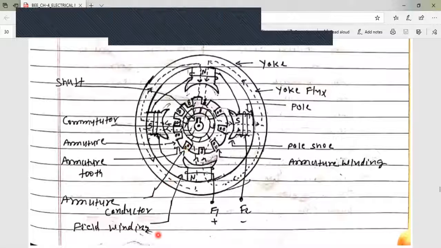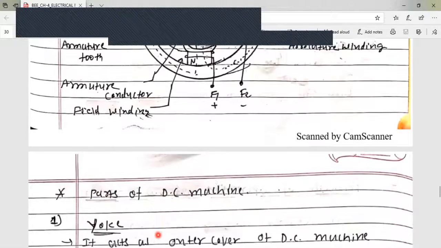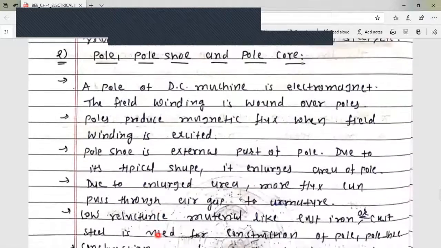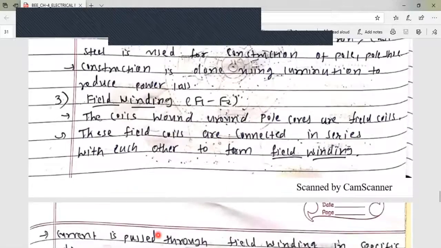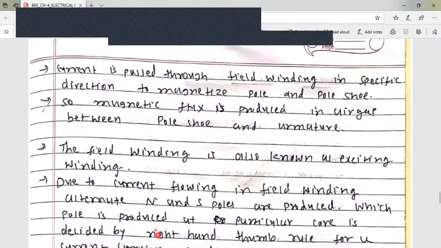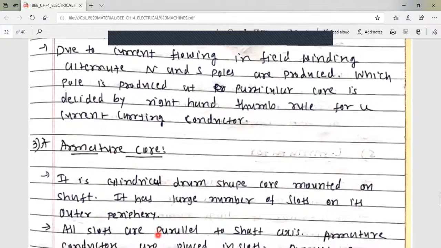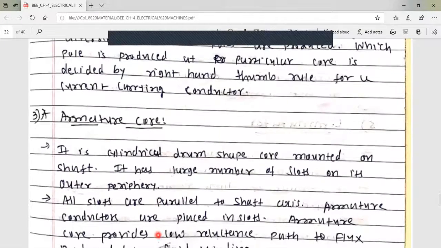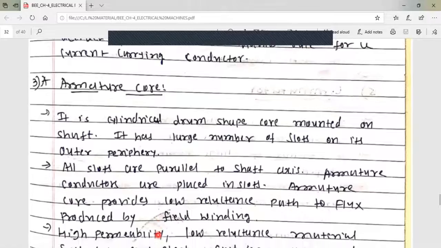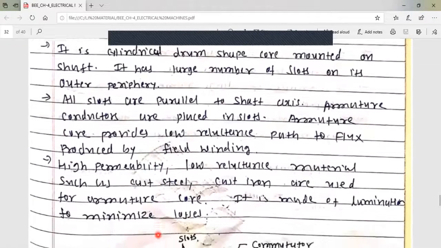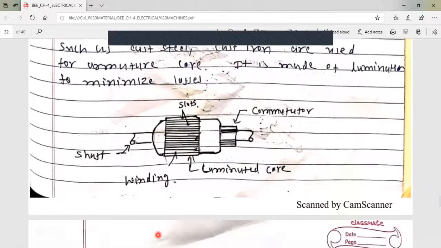Okay. Now, so we can say that the armature core is wound on the shaft. Magnetic field produced in the air gap between poles and armature links with the armature conductors.